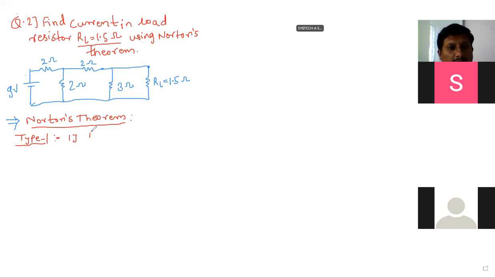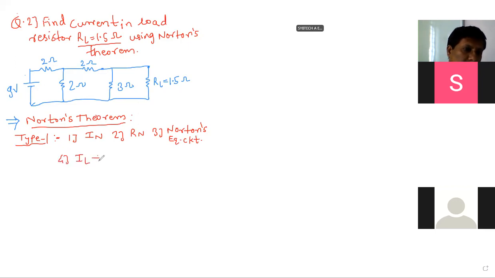We have to find IN, then RN, the third is Norton's equivalent circuit, and the fourth is IL, the current passing through RL equal to 1.5 ohm.